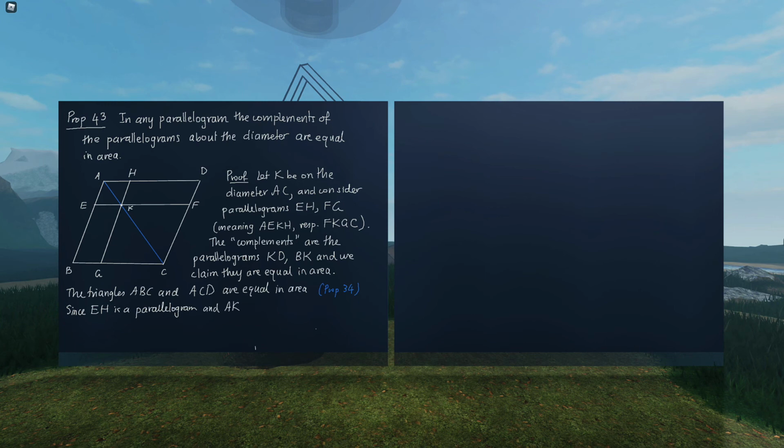And AK, its diameter, AEK is equal in area to AKH, again by proposition 34, and similarly applying the same logic to the other parallelogram, KGC is equal in area to KCF.